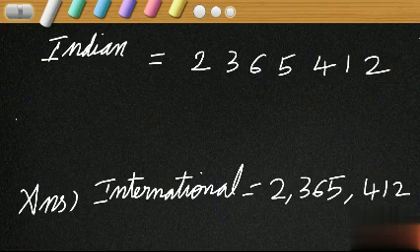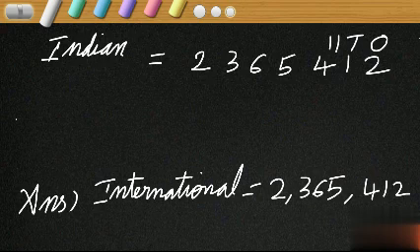Then the next step is what? Our aim is to write the number name in the Indian system. For that, we have to mark the places as per the Indian system. Which are the places? Ones, tens, hundreds, comma.